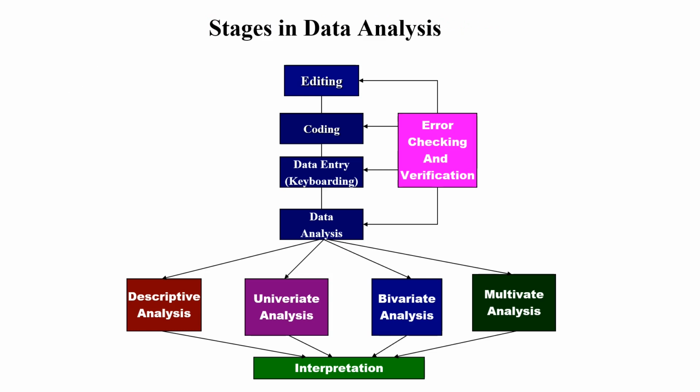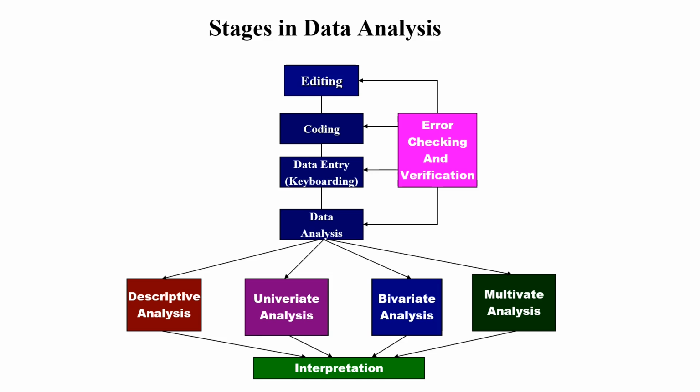Now, let us see what the stages in data analysis are. After the data is collected, we need to edit the data. Once the data is edited, we go for coding. Meanwhile we check for errors and do some verification.